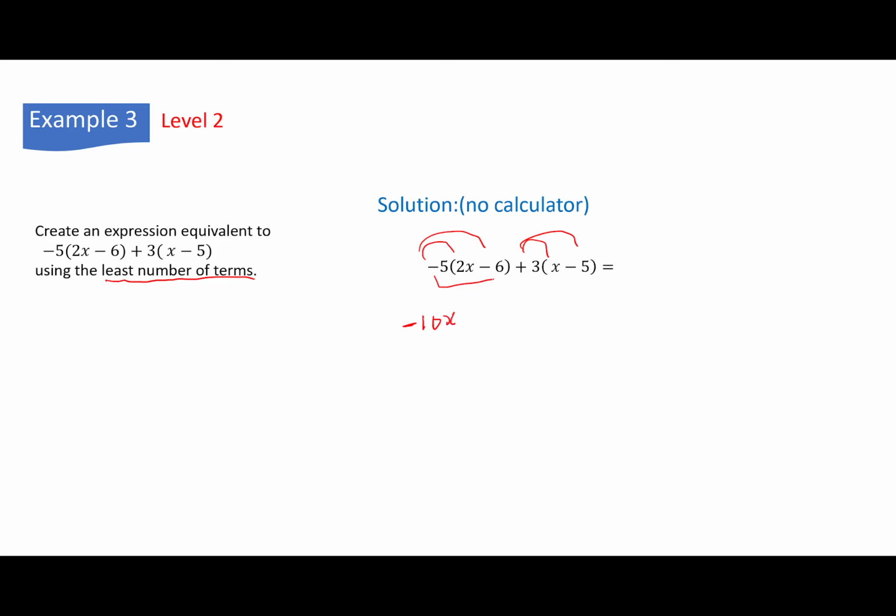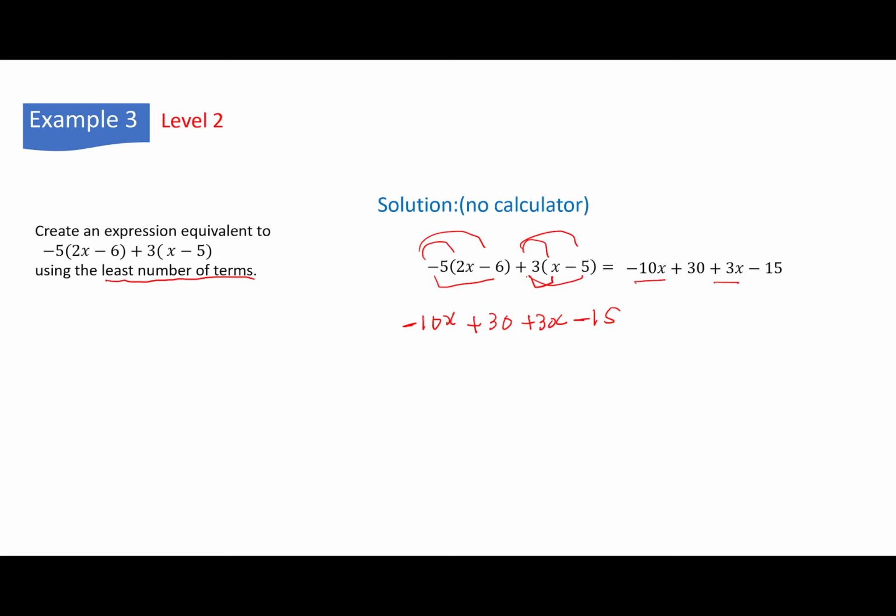Negative times negative is positive, plus 30. Plus times 3x, when there's nothing before the x, that means there's 1, okay? That's plus 3x. Positive times negative, negative 15. So that's the first step: negative 10x plus 30 plus 3x minus 15, like terms now.